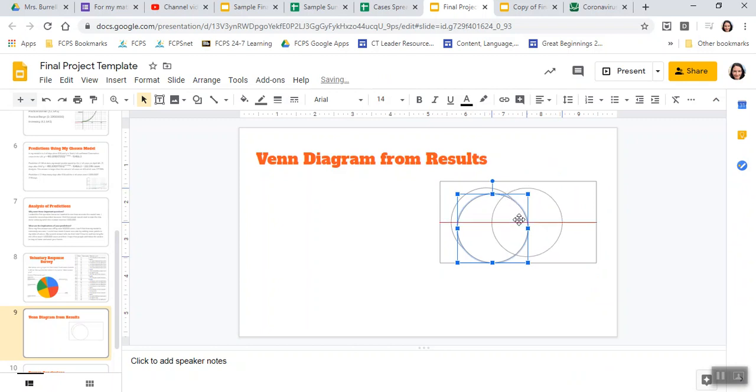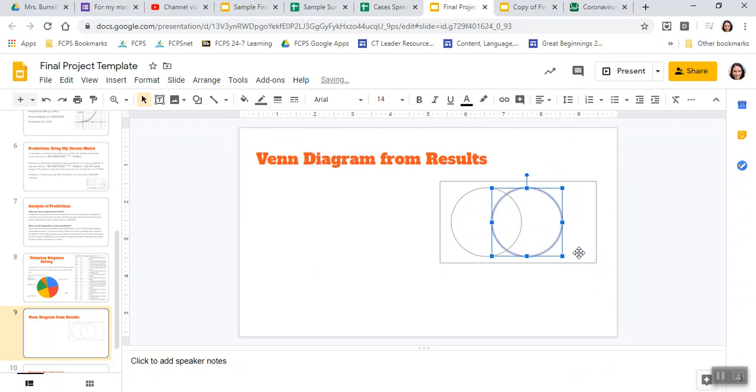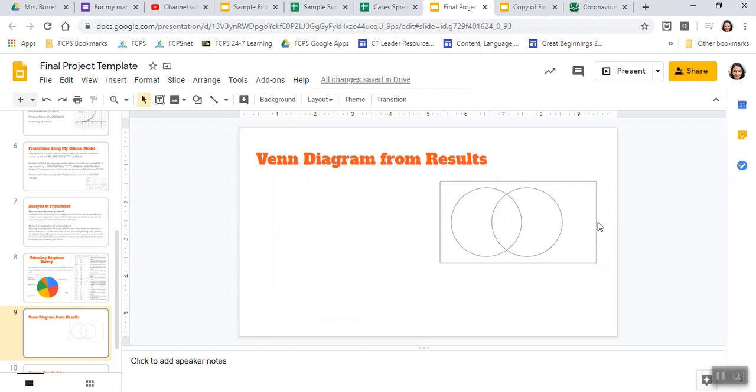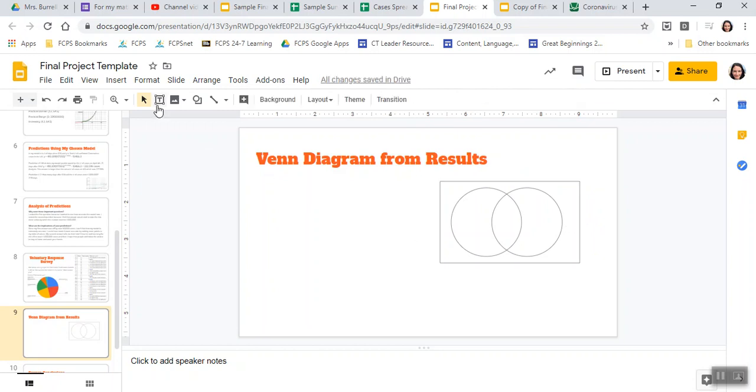And then the problem is that I can't see the other circle behind it, so I'm going to make this circle transparent so I can see through it. Okay, so that's pretty good. I'll just fix the symmetry with this box here. Okay, so then I'm going to use text boxes. So I said that the right one is going to be worried about canceled activities.